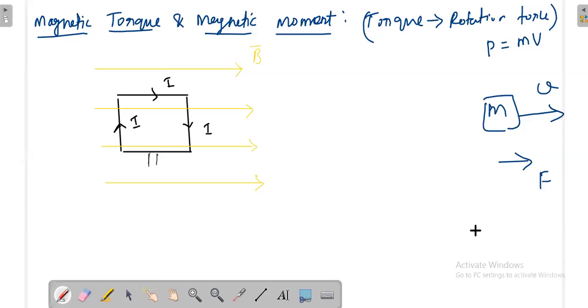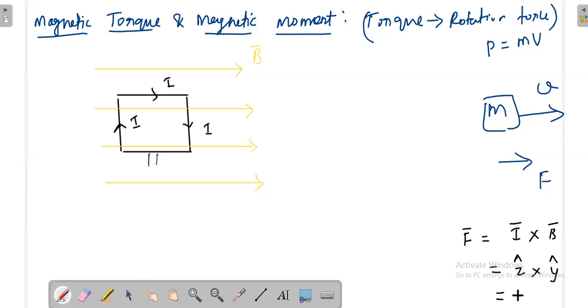Yesterday we saw the force due to the current: force is equal to current vector cross magnetic field vector. In the first case I am analyzing, the current is flowing in the Z cap direction, and the direction of the magnetic field is the Y cap direction.